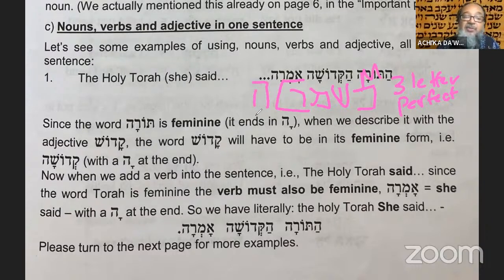I just gave it the respect it deserved because she's the one who said it now. So even though I added that hey on the end to feminize it, doesn't mean that I've added a tav with a yod, meaning I said, or a nun on the end of it, meaning we said. I didn't put anything like that. So even though it's a 3 letter, it's perfect.